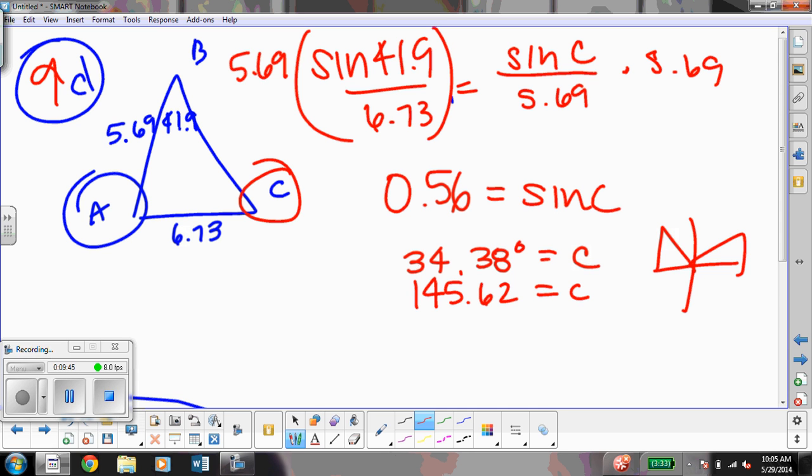And I believe 145.62 is going to be too big, because if I add that to 41.9, it ends up being bigger than 180. So my answer for C is 34.38.